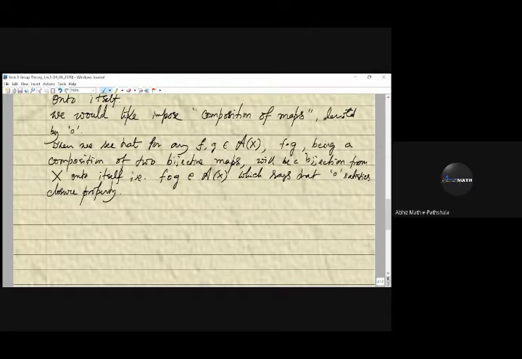Or you can say that curly X is closed under composition of maps.